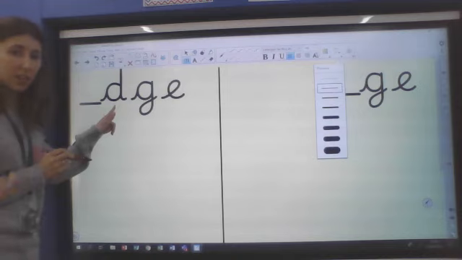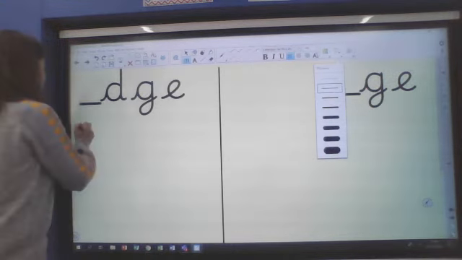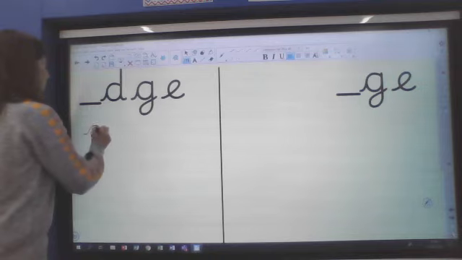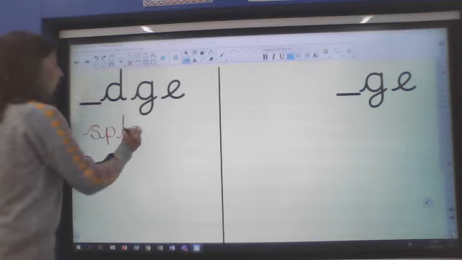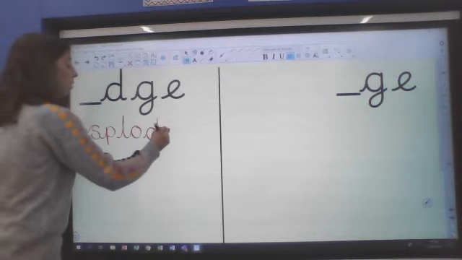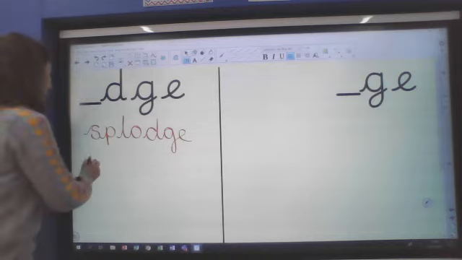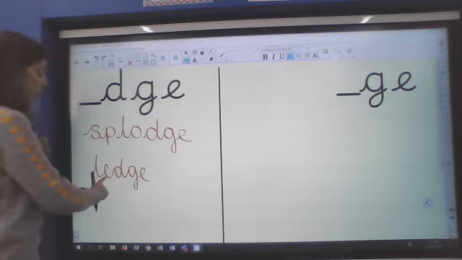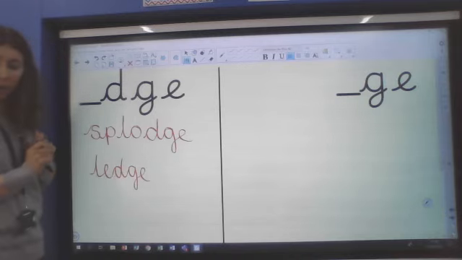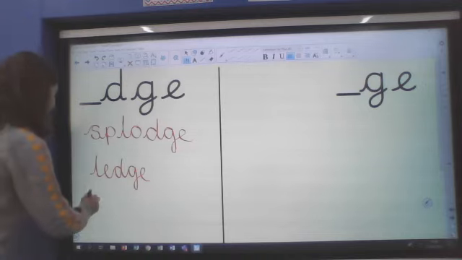So on this side, the words with a short vowel sound, we should have had splodge, because O is a short vowel sound. We should have had ledge on that side because E is a short vowel sound, and we should have had partridge.